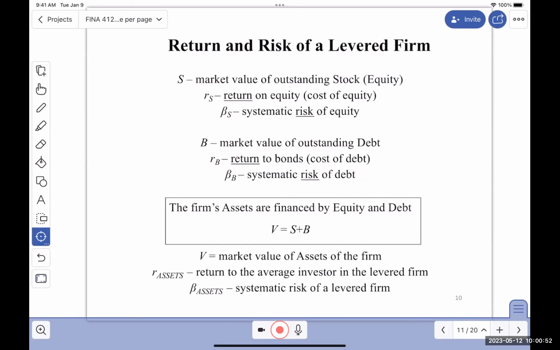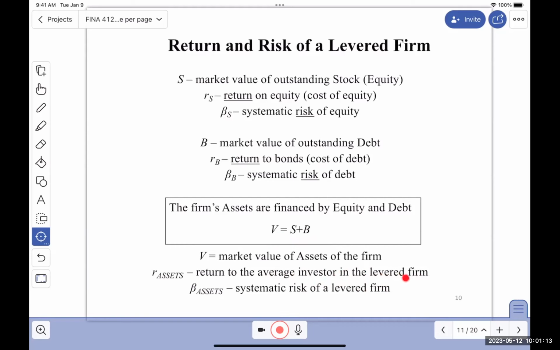So the firm's assets, V, the value of the firm, are equal to what it owes, S plus B. I'm going to also refer to the return to assets as the returns to the average investor in the firm. And I refer to the firm now as a levered firm. So there's leverage.